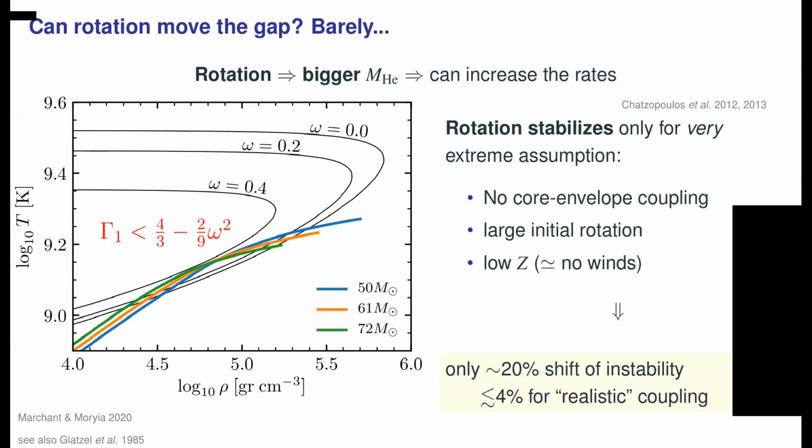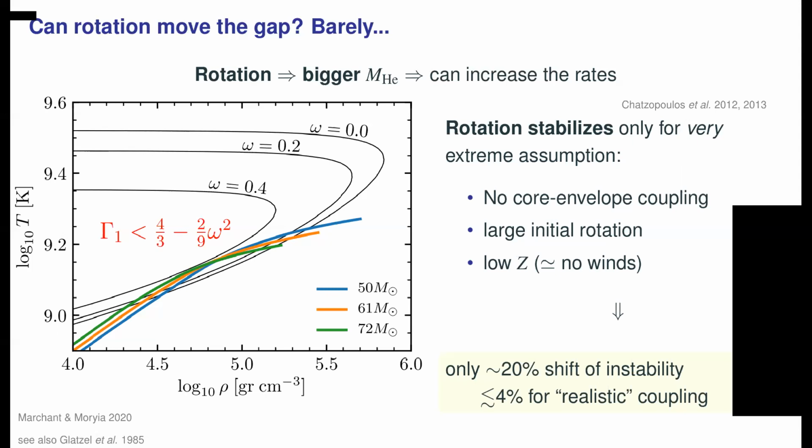Does that make sense? Yeah, so what you're saying is that the very rapid rotation, if it continued to rotate as a rigid body, would hit the critical rotation velocity and would lose mass. Is that what you're saying? Oh, no, I was not even going there. If you turn on enhanced mass loss through winds, then maybe your core will become so small that you avoid the pair instability.